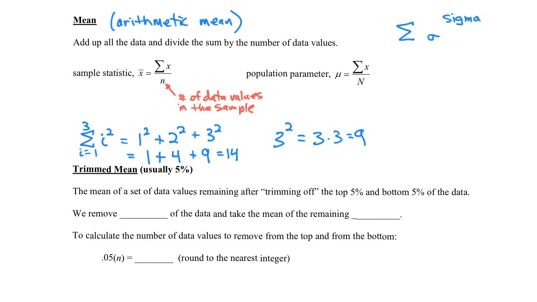So if little n is the sample size, what do you think big N is? Hopefully you're thinking the population size. It's population size, or in other words, the number of data values in the population. Okay, so when you think of the mean, you can just think of this.